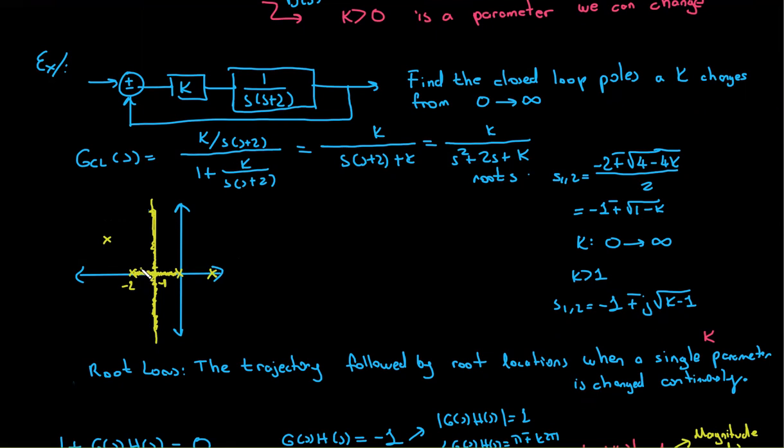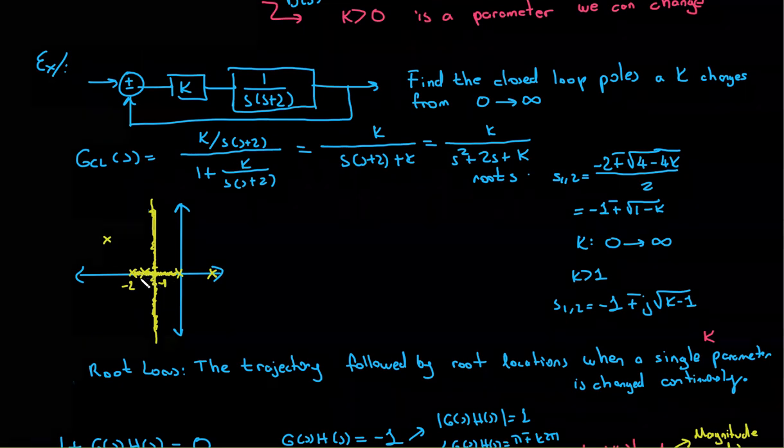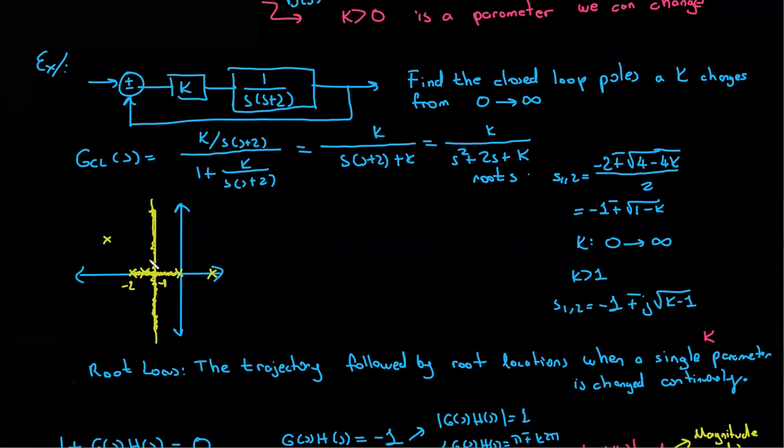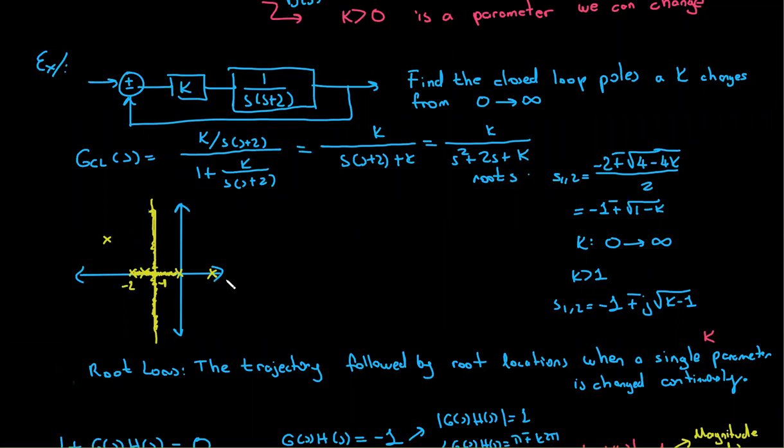Or this point? Or this point? The answer to the first two questions is no, but the answer to the third question is yes. For some k values, that point might be on our root locus. But for the other two, for whichever k value you pick from 0 to infinity, you cannot bring the closed loop pole locations to those test points.